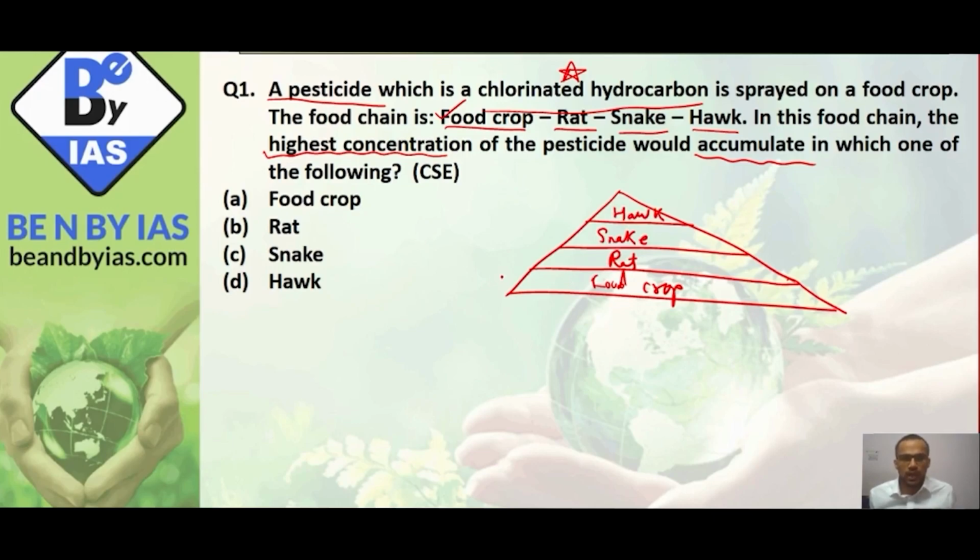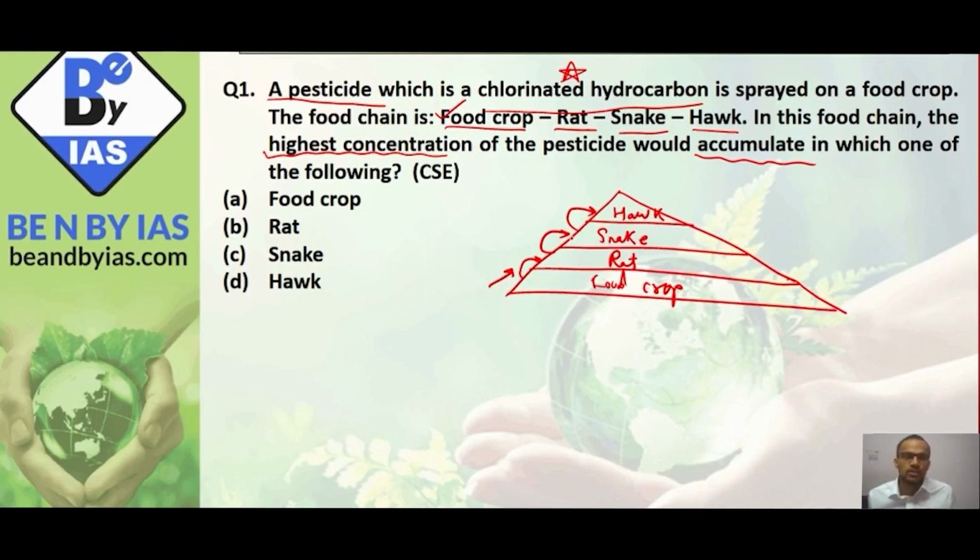Fine. So we know that in this food chain there is a transmission of energy in the form of food from food crops to rats, from rats to snakes, and from snakes to hawk. Right? But in food chain, it is not only that food energy is transmitted from the first trophic level to the subsequent trophic levels. It is not only restricted to food energy.